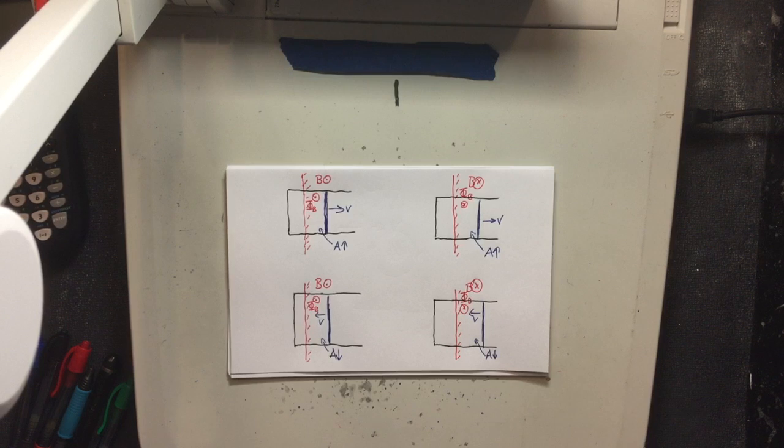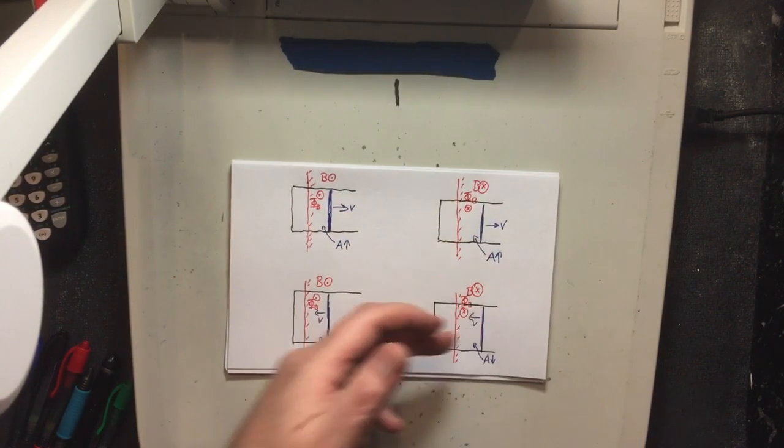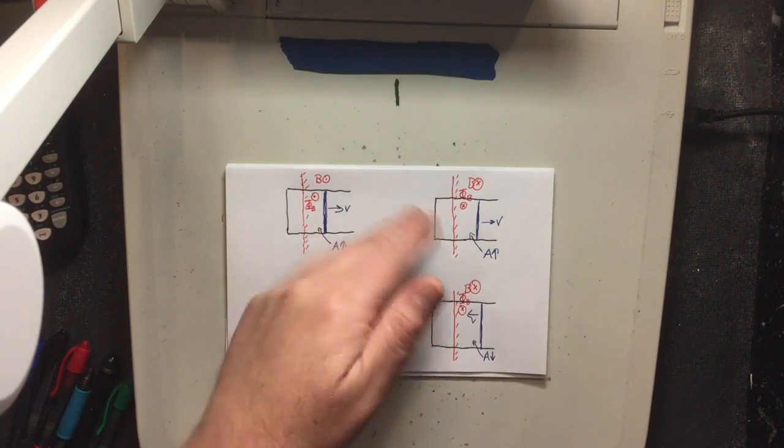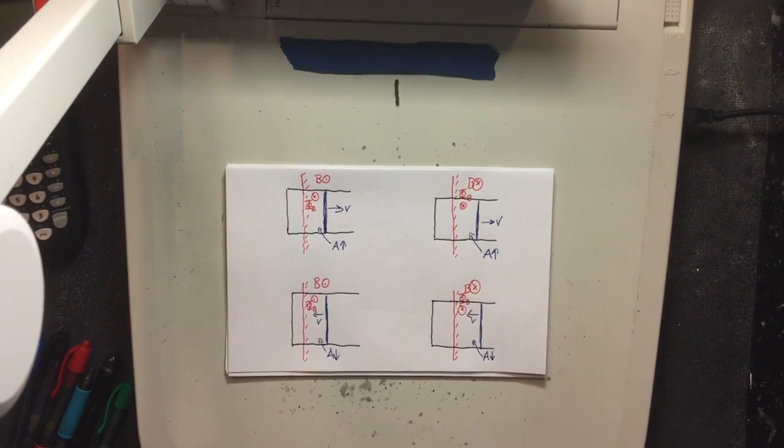What are the 2 quantities that flow is based on? Area and velocity. The area for flow we can think of as the area of these circuits. The velocity is related to the B field. Bigger the B field, bigger velocity. B field in, water going in, B field out, water going out.